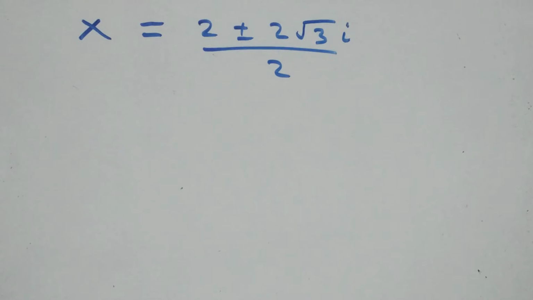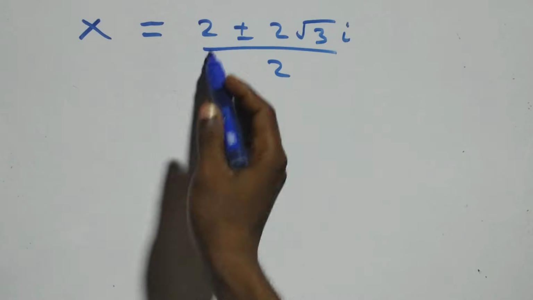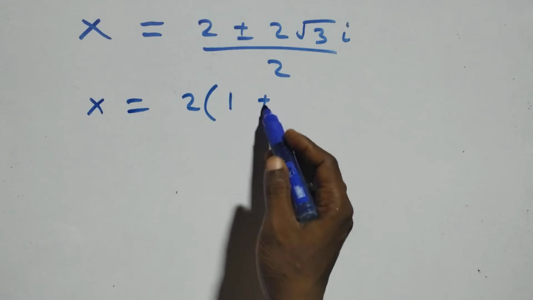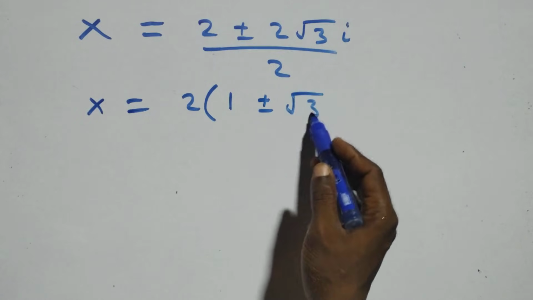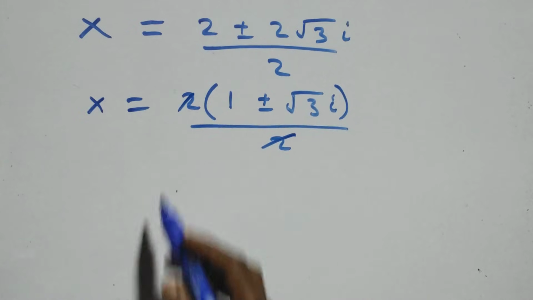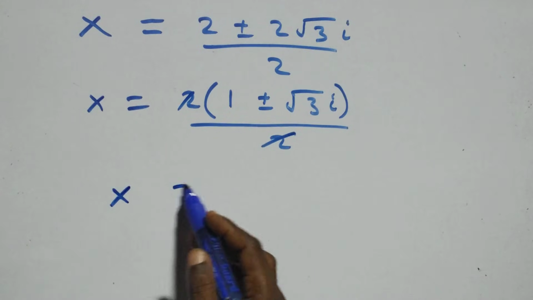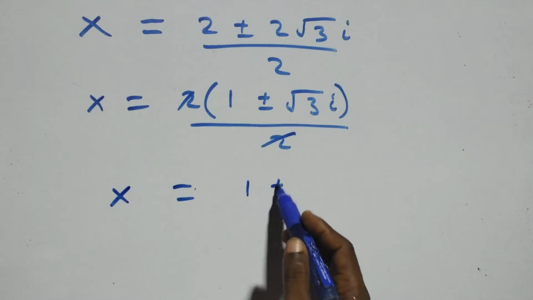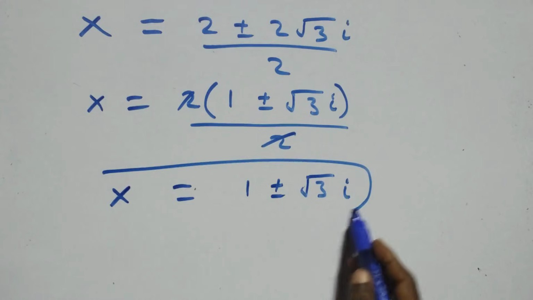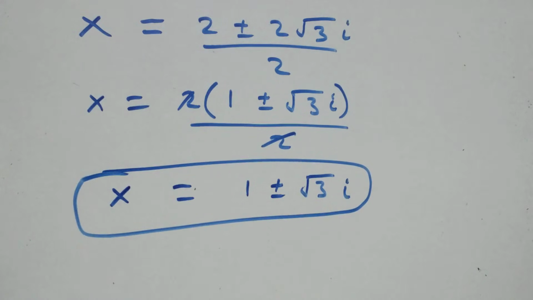This here we have 2 common here. We have x now equals 2 into bracket 1 plus or minus root 3i left here all over 2. These two cancel each other here. This becomes x equals 1 plus or minus root 3i. That is, we have two complex solutions here.